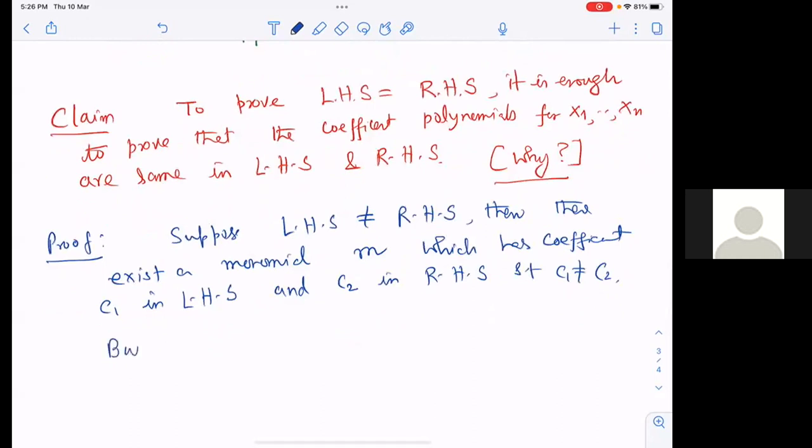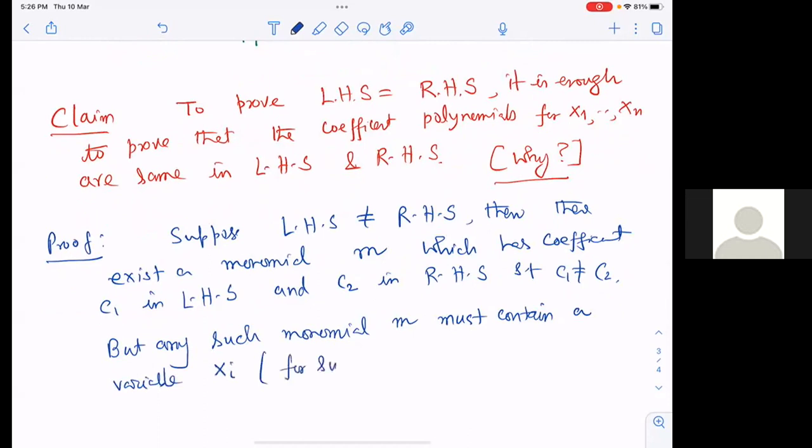But any such monomial M must contain a variable xi for some i such that the degree of xi equal to 1, right?